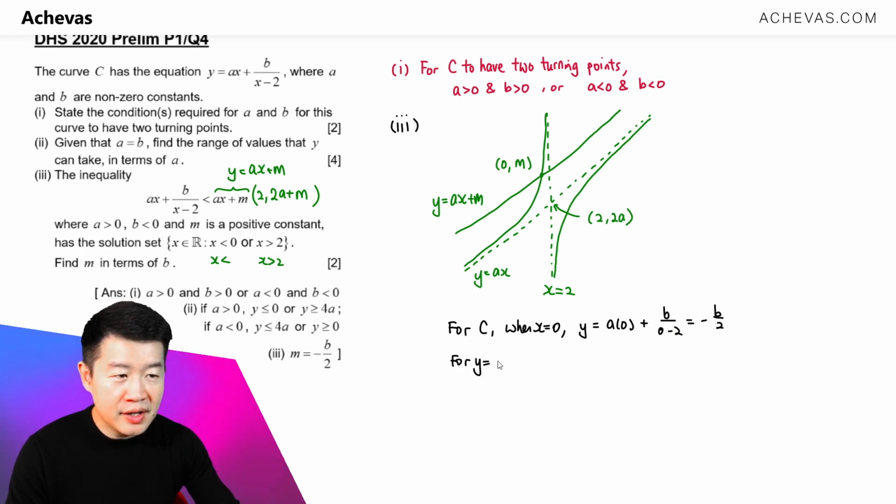And for y is equal to ax plus m, when x is equal to 0, y is going to be equal to m. So from my observation of what I have done here, I can see that m is going to be equal to minus b over 2.